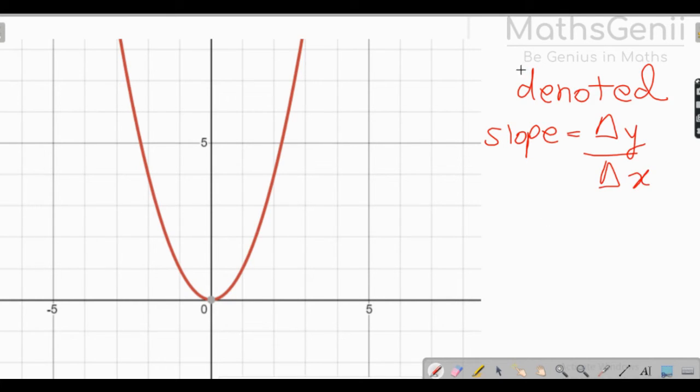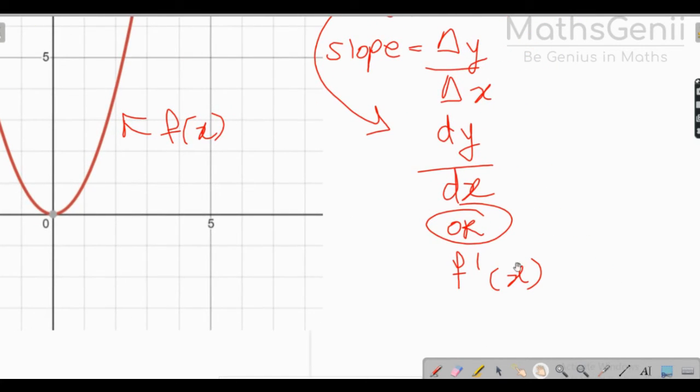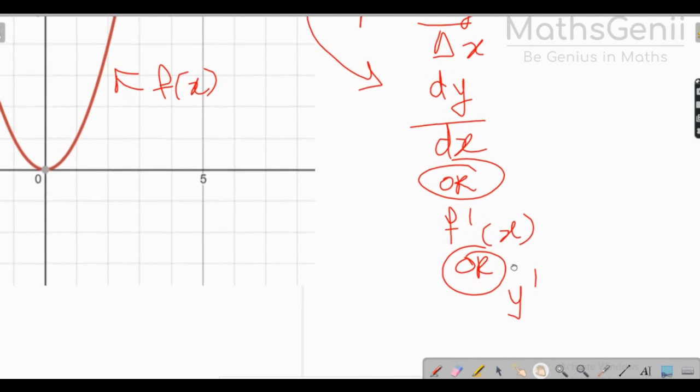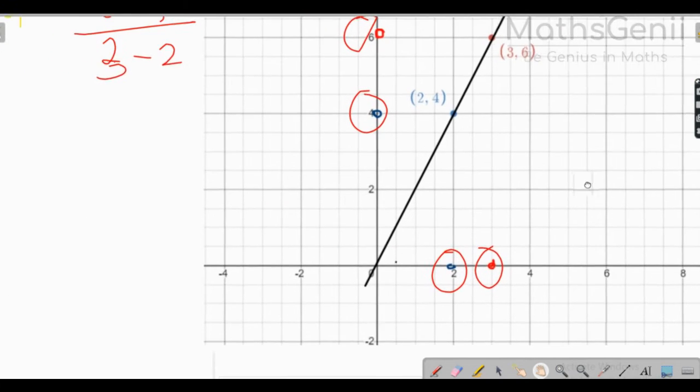How is derivative represented? dy upon dx, or f dash of x. Suppose any function is f of x. f of x could be sine x, cos x, log x, any function. So derivative is denoted as dy/dx, or f dash of x, or sometimes denoted as y dash. So this was how the derivative is denoted. Now let's come back here.